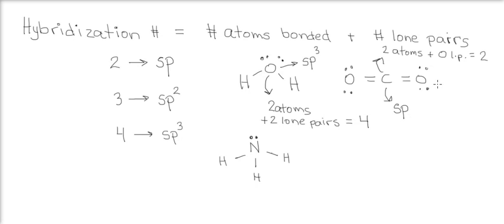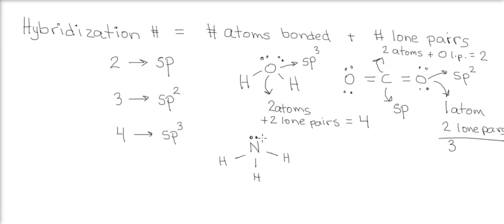If we take one of the oxygens as an example, because the other oxygen is identical, this oxygen has 1 atom bonded and 2 lone pairs. So its hybridization number is equal to 3, which indicates that this oxygen is sp2 hybridized.